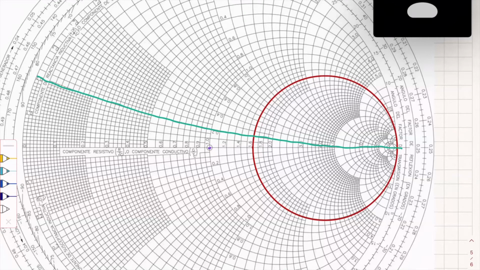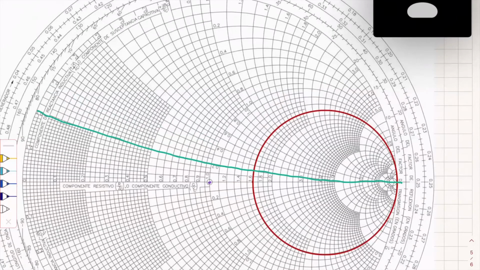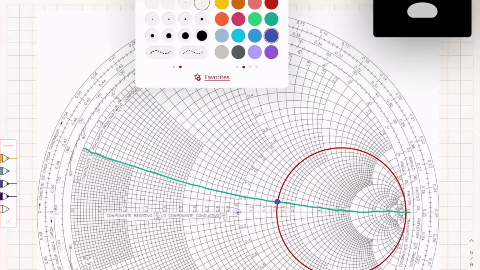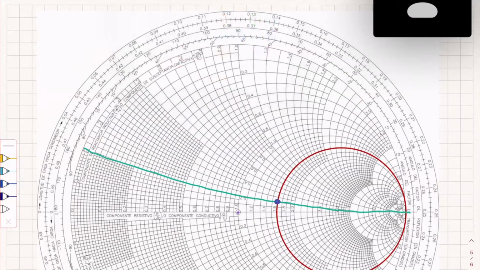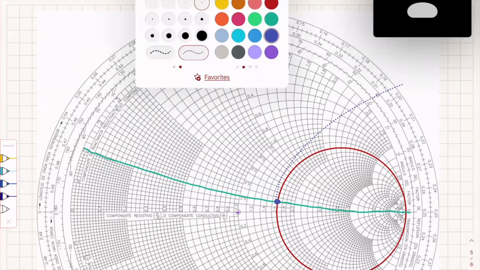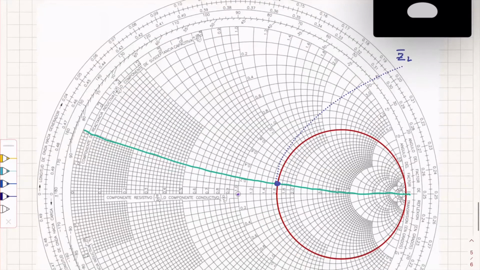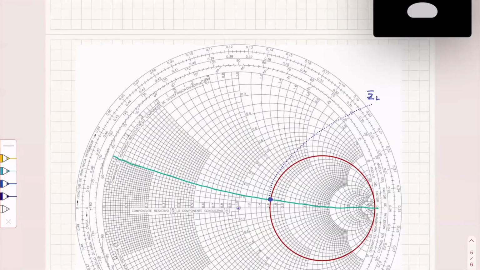The intersection between the two is this one, and this is the normalized load. So this is going to be ZL normalized.